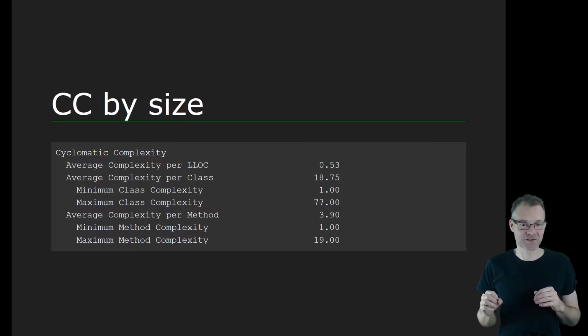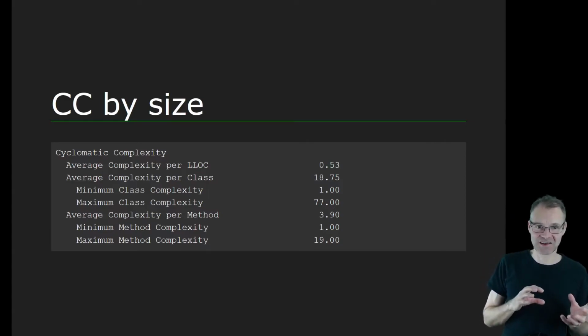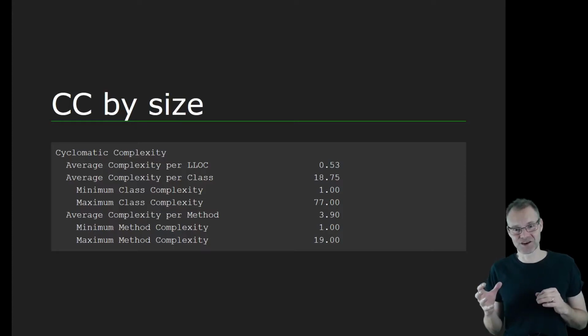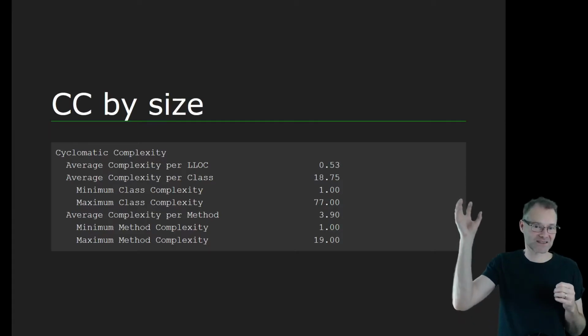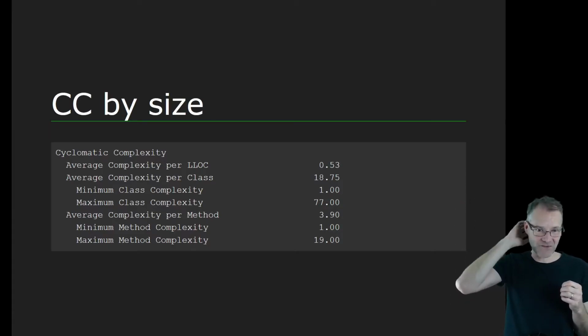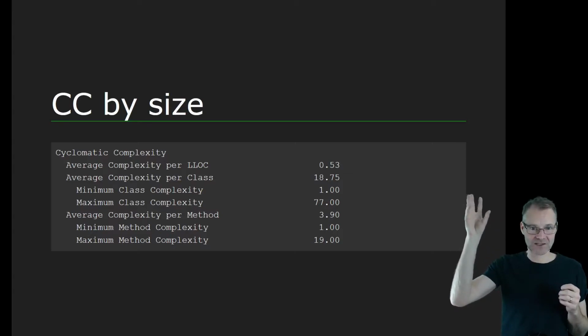Here is just an overview where we relate the complexity to the code size. So yes, now when we know what code complexity is, we can relate it to the code size. Let's see if we can find everything. So average complexity by class: it's 19.